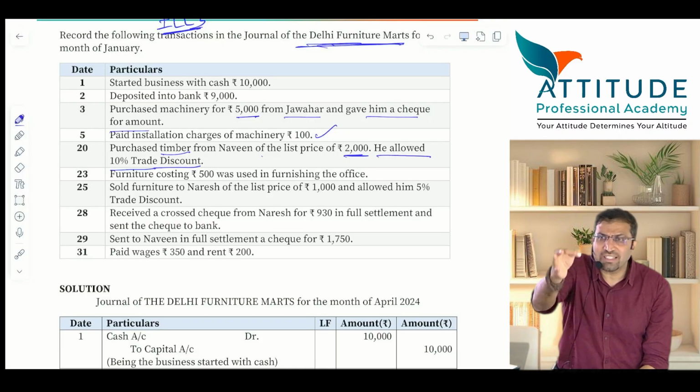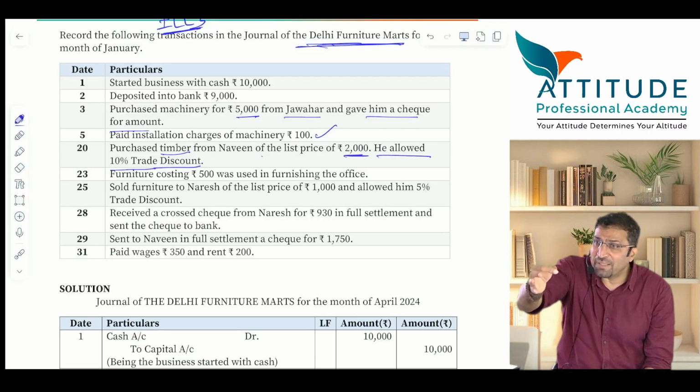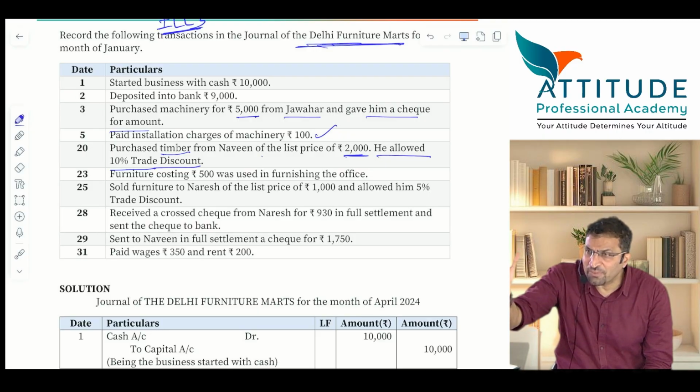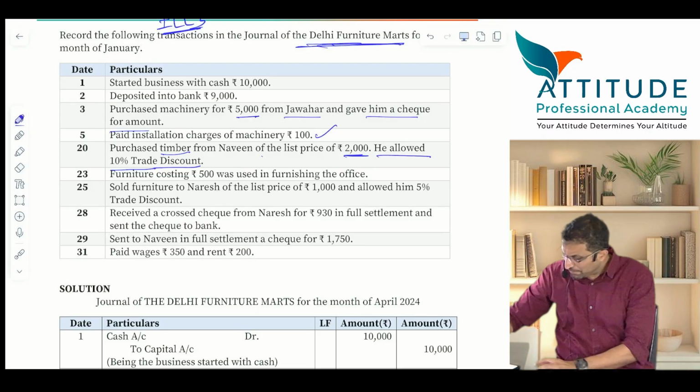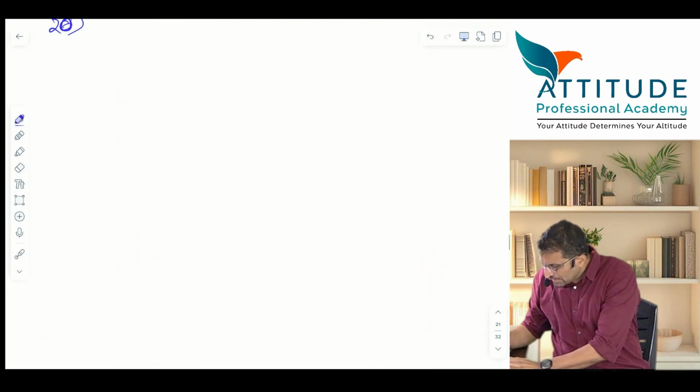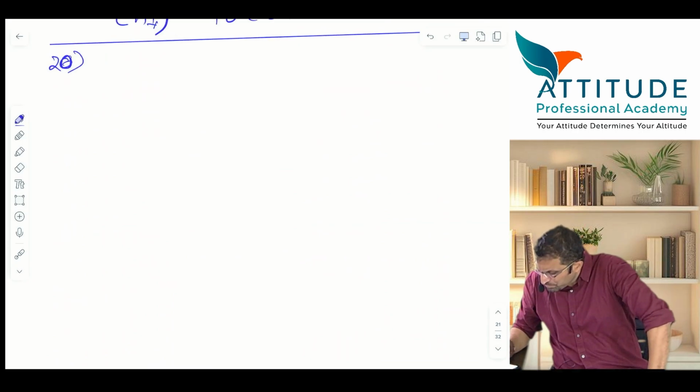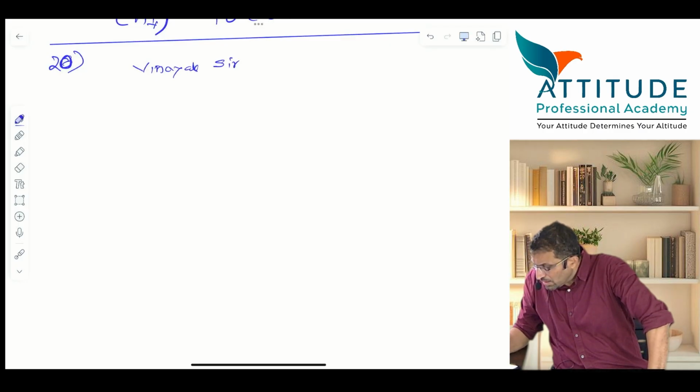Cash discount is a discount given on prompt payment of cash. On prompt payment of. Now here the example. थोड़ा example सुनो. Okay. Sir, you have sold goods to Vinayak sir worth rupees 10,000.